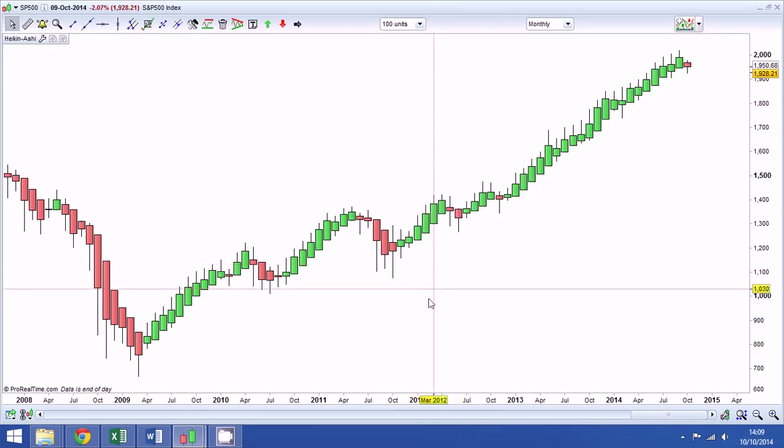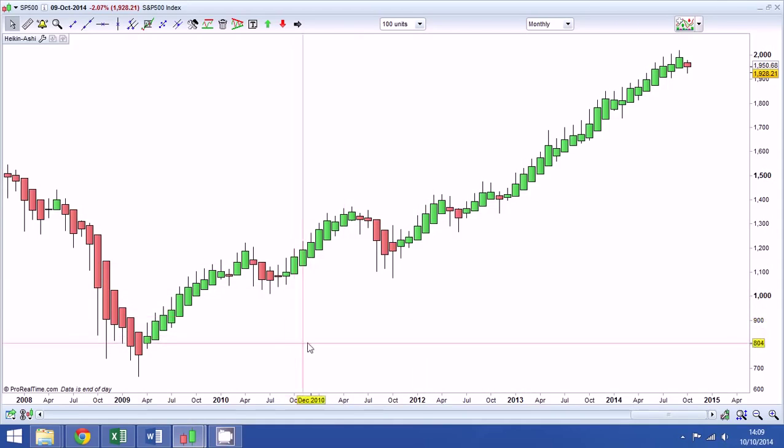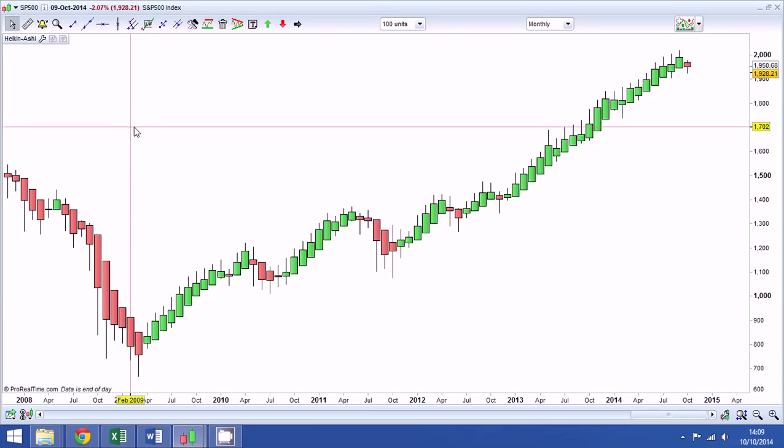So this is really the key advantage of using the Heikin Ashi candles, that you can keep with this trend, follow this trend, and take as much profit as possible from each position.